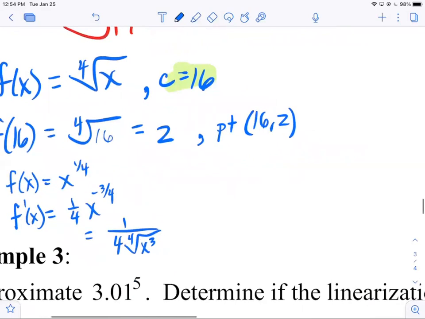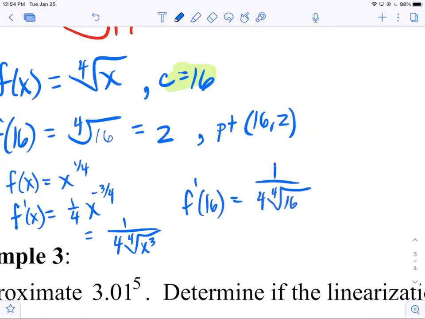So f prime of 16 is 1/4 times the 4th root of 16 cubed. We don't have to cube 16 first. We take the 4th root of 16, which is 2, and then 2 cubed is 8.